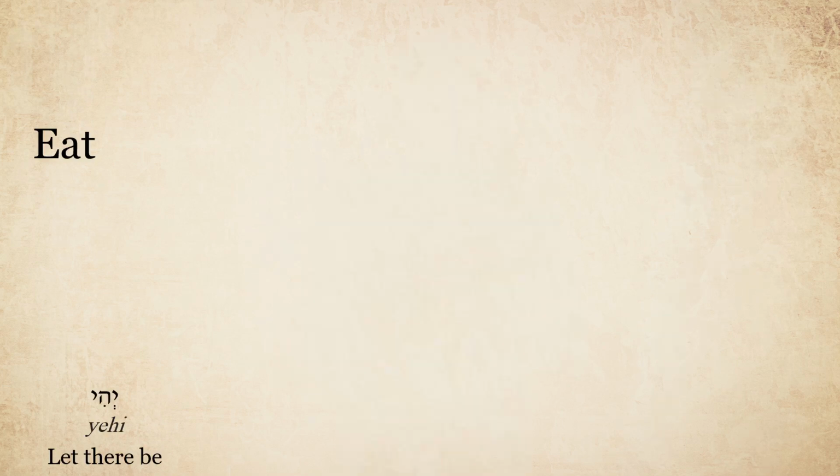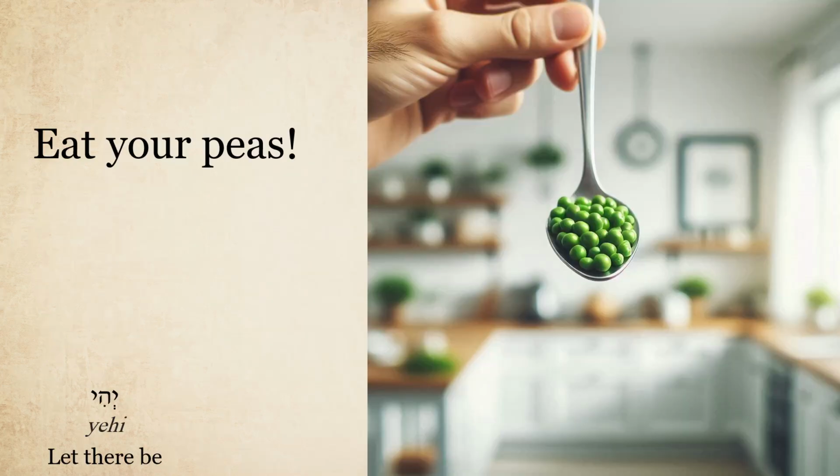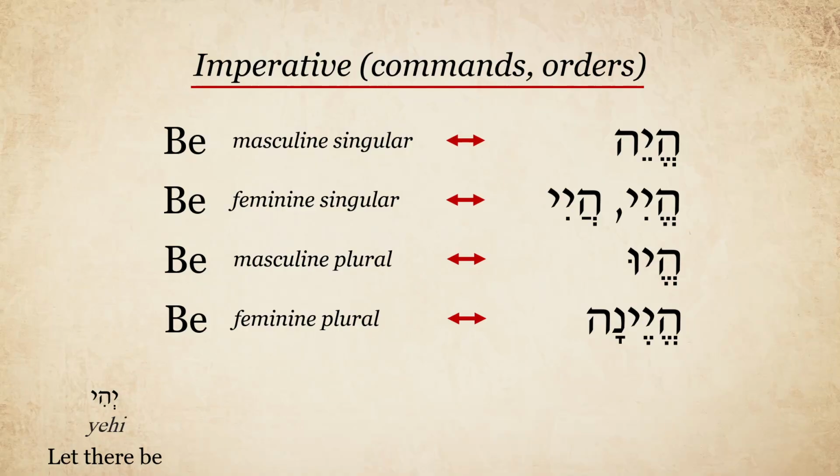The imperative is the form of verbs used for giving orders, like "eat" in the sentence, "eat your peas." There are conjugations in the language specifically dedicated to the imperative, but the Bible here chooses not to use them, but the future instead. To recap, yehi here is a command ordering something to be.